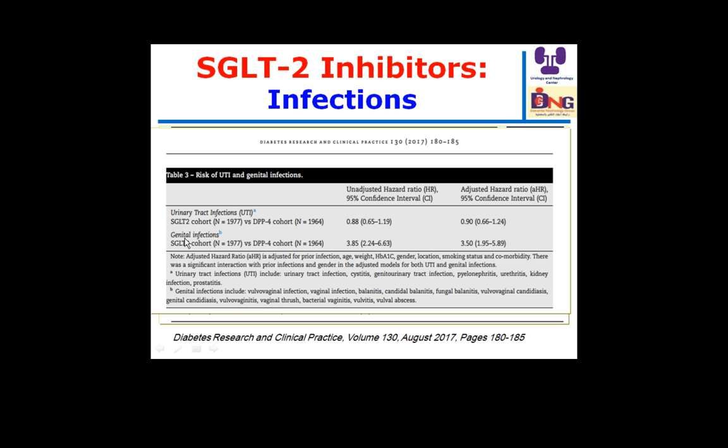But genital infections, including vulvovaginal infection, balanitis, candidal balanitis, vulvovaginal candidiasis, genital candidiasis, vulvovaginitis, vaginal thrush, bacterial vaginitis, vulvitis, vulval abscess, all these are increased with the use of this drug. Unadjusted, it is 3.8 fold, or adjusted 3.5 fold. So although UTI is not increased in this report, genital infections are significantly increased by 3 folds.